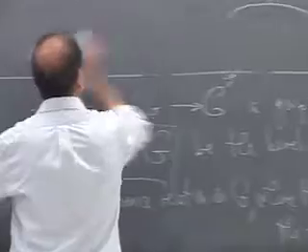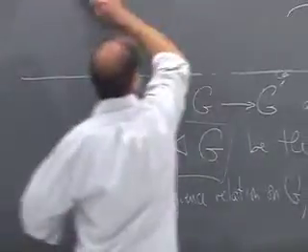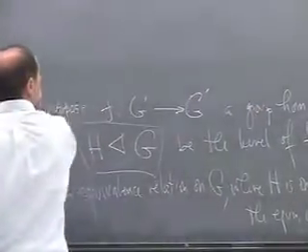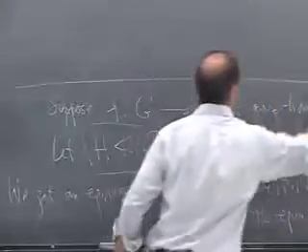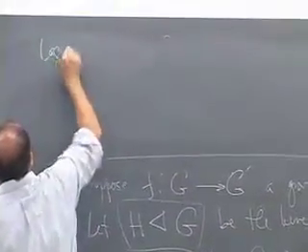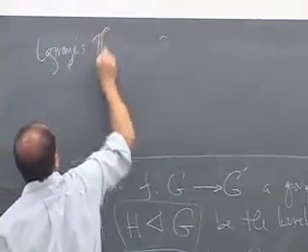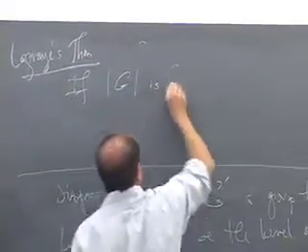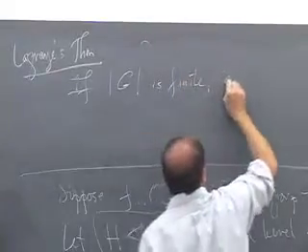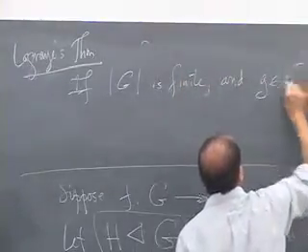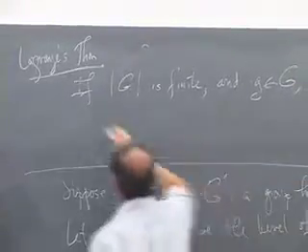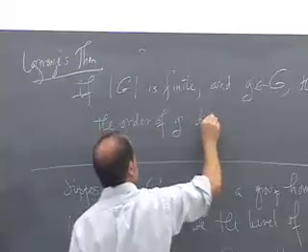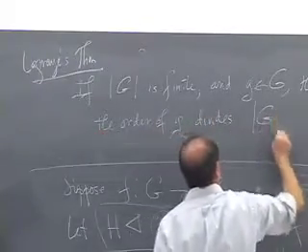So Lagrange discovered the following theorem. Before there was really the notion of a group. But he had something like it. At least for certain abelian groups he knew this theorem. And Lagrange's theorem is, and you'll see this in all the books, if G is finite and g is an element in the group, then the order of g divides the order of the group.